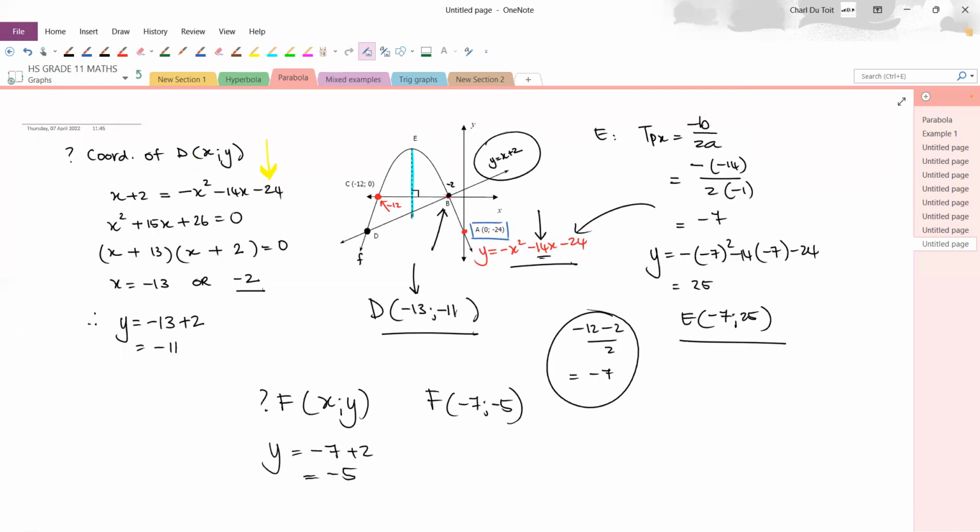You have to be able to get coordinates like that. Otherwise, you're going to suffer. You're going to go to your textbook and do the exercises on parabola. And you are also going to continue with hyperbola and maybe exponential graphs. This term is kind of short.